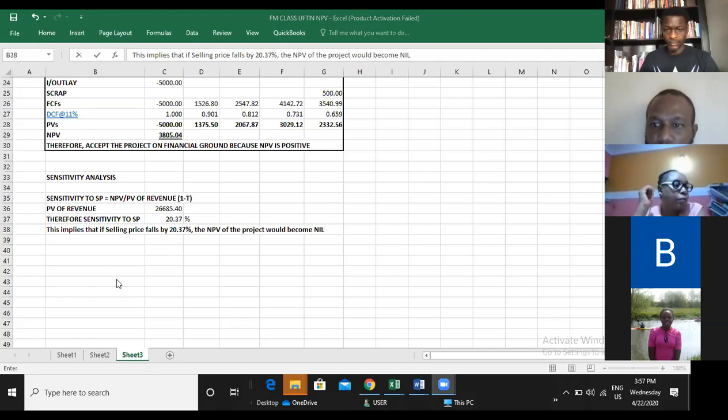Okay, so our interpretation is basically that if the selling price should fall by 20.37%, the net present value of the project will become 0.